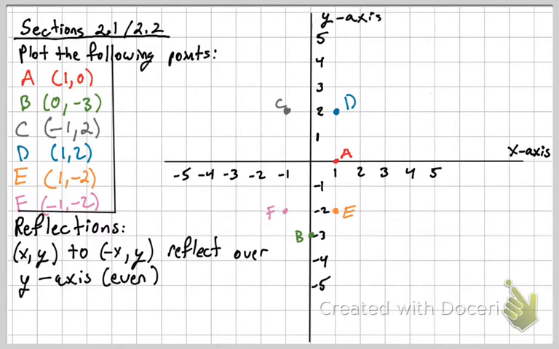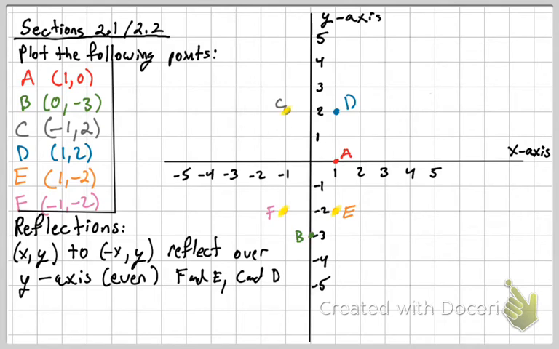That's what we got for a hot dog fold or a y-axis symmetry here, or y-axis reflection here. So the points that are reflections of each other over the y-axis are C and D and F and E. Okay, so F and E and also C and D are reflections of each other.